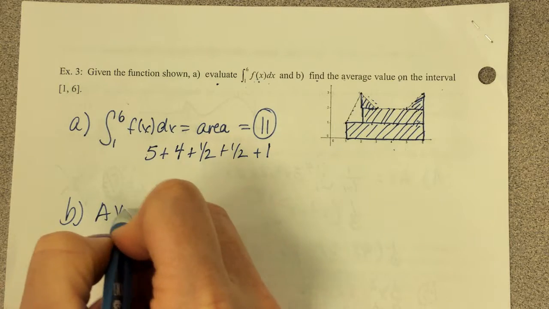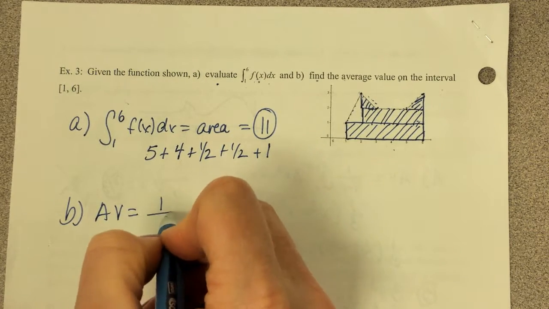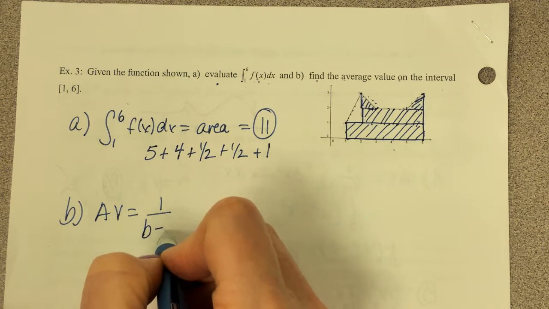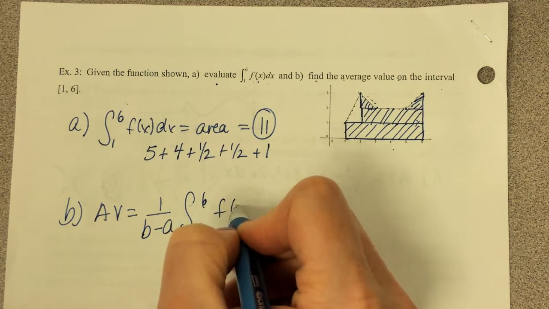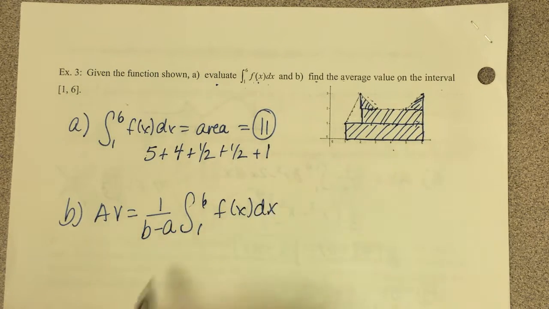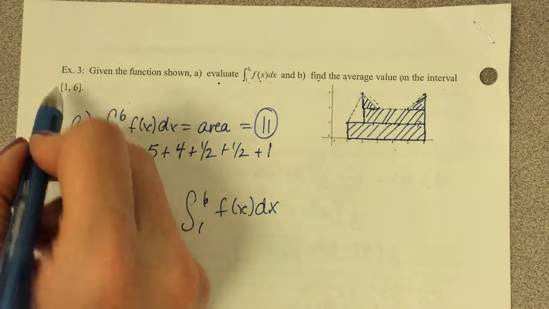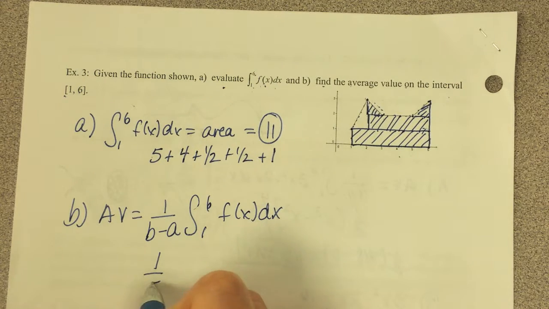What's our formula for average value? It's going to be 1 over what? B minus A, right, times the integral from 1 to 6 of f of x. So here's our B, here's our A. So what am I going to put out in front here? 1 over 5.